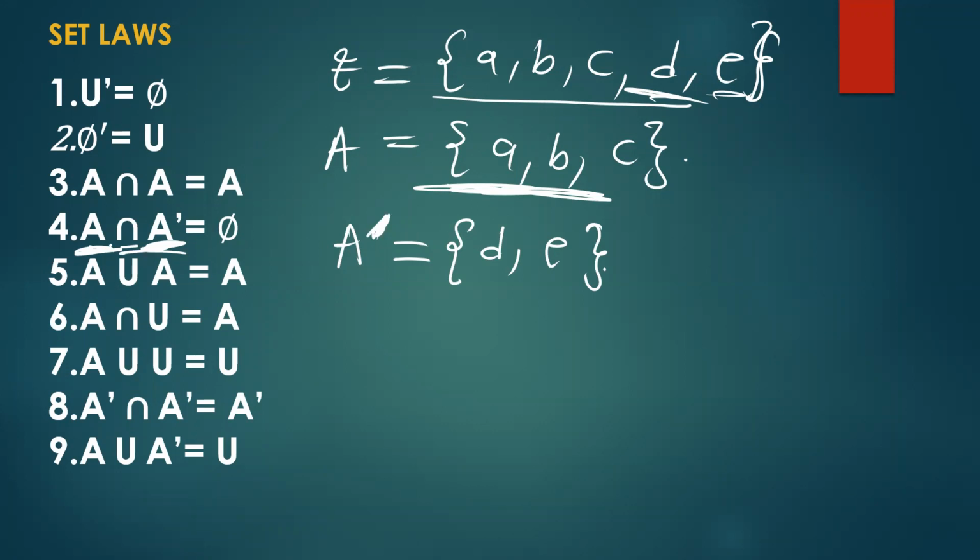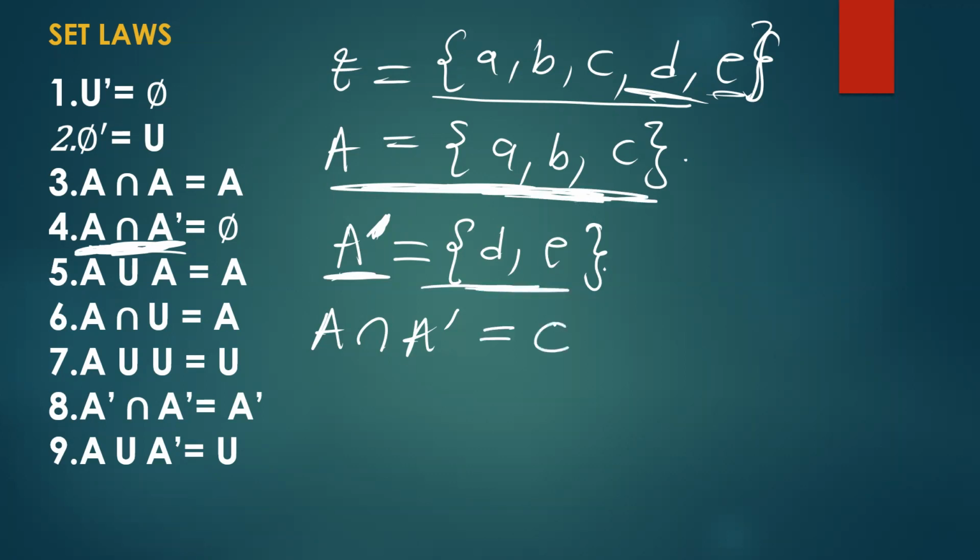The question is asking us to find A intersection A complement, which means we have to find the common elements between set A and set A complement. Do we have anything common between these two sets? Definitely no. So the answer is what? An empty set.